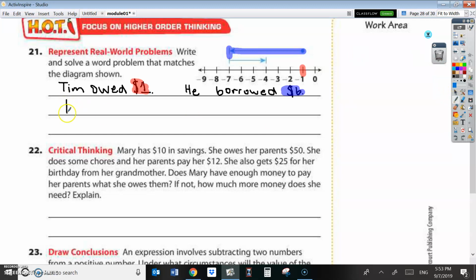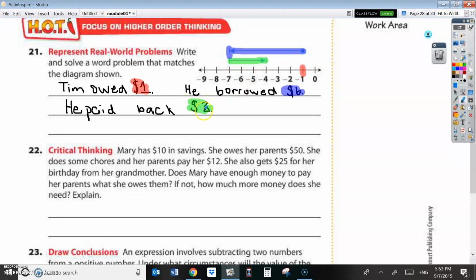And then he paid back, looks like $1, $2, $3. Highlight that a different color so you can see it nice and clearly.